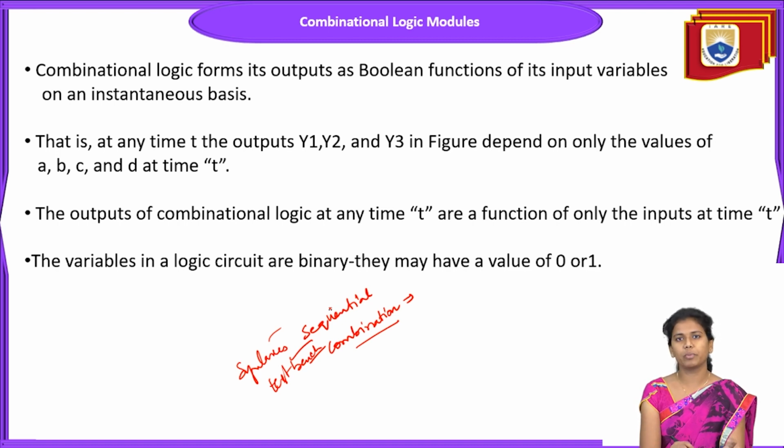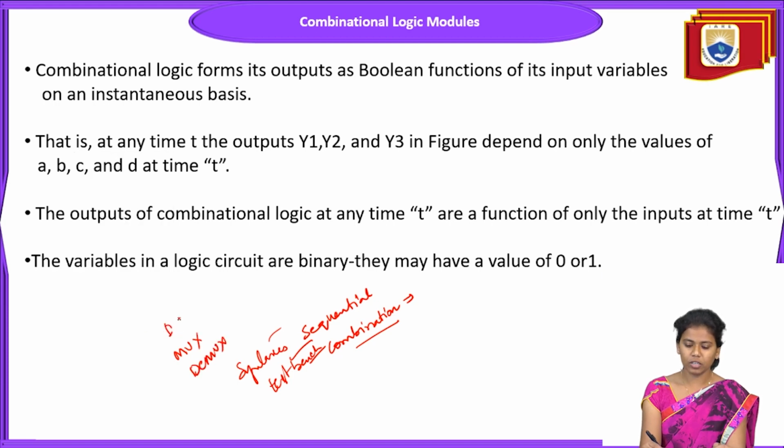They are the digital circuits where the data or the information is stored in the registers or the flip-flops by combining more registers or flip-flops. Basic examples of combinational logic circuits from digital electronics are multiplexers, demultiplexers, decoders, encoders, and so on.